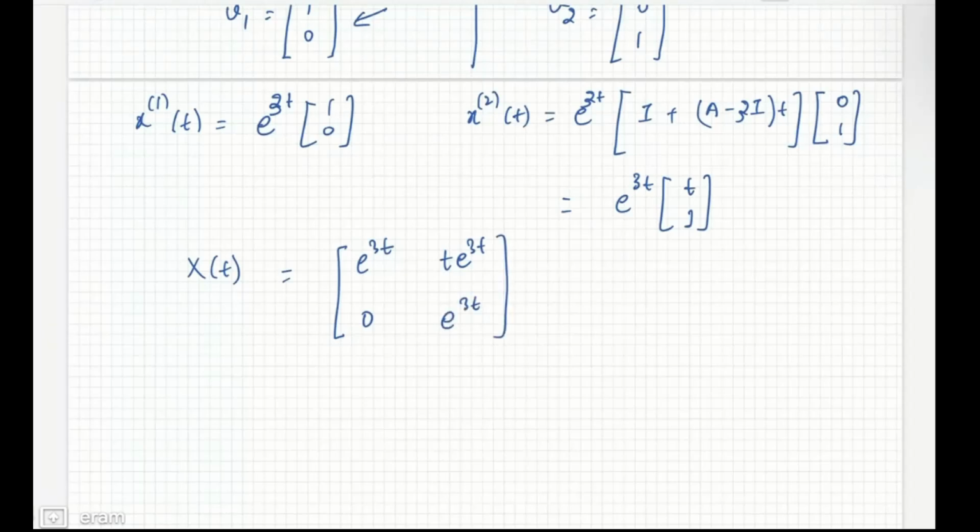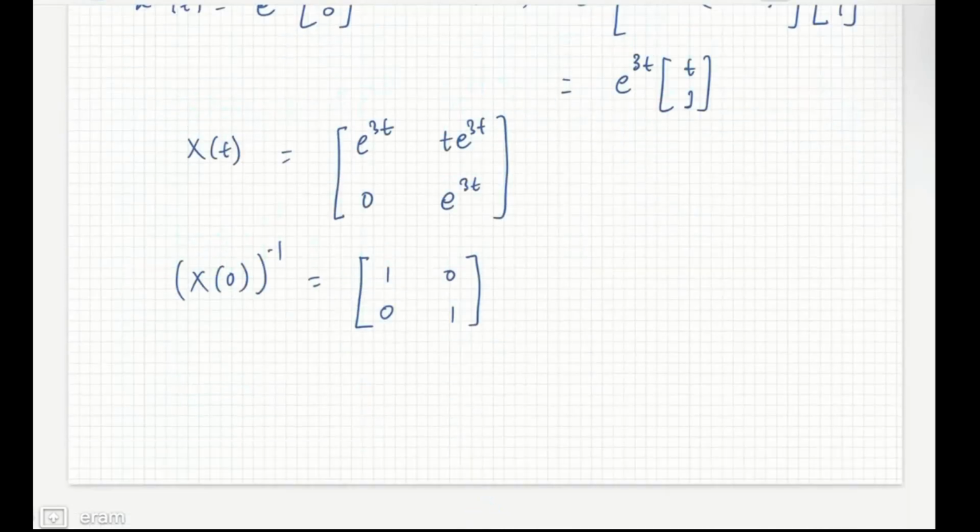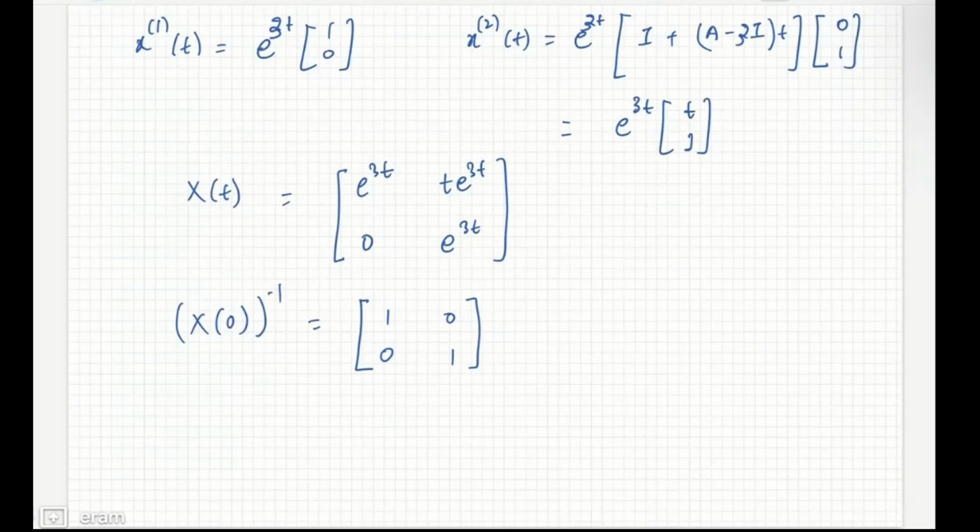Okay, now next we need to calculate x(0) inverse. It is nothing but [1 0; 0 1]. So it is identity, so its inverse will be the same.